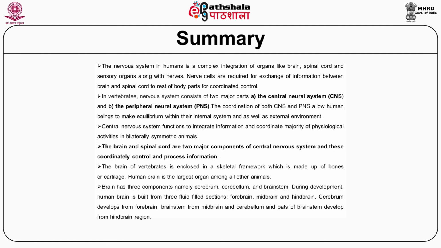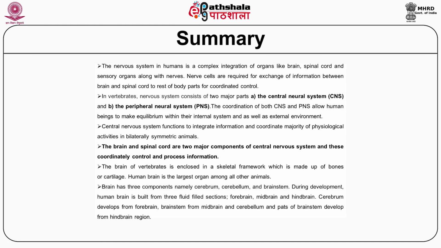In vertebrates, the nervous system consists of two major parts: A, the central nervous system, and B, the peripheral nervous system. The coordination of both allows human beings to maintain equilibrium within their internal system as well as the external environment.